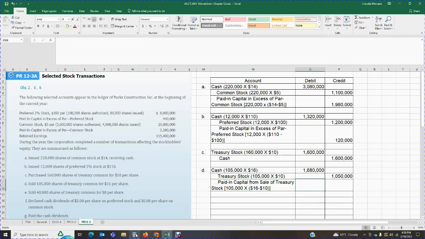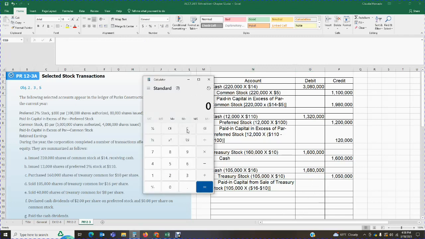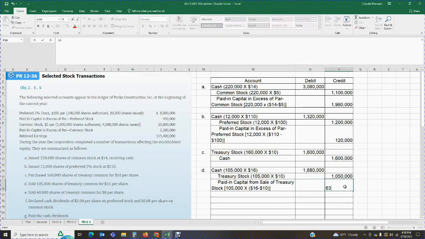I know that I paid $10, that's my par value, and I'm selling it for 16. So I've got a premium of $6. $6 times 105,000 shares is going to give me a premium of $630,000. That is transaction D. We are selling 105,000 shares of the treasury common stock we had purchased earlier.